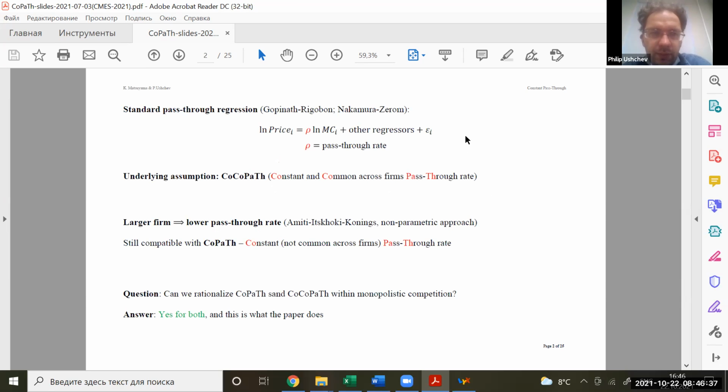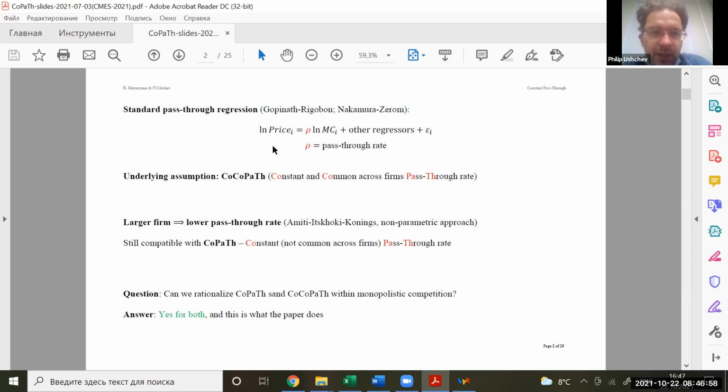So in brief, the motivation for this paper is as follows. You have probably seen at least once what they call the standard pass-through regression, a term coined perhaps independently by Gopinath and Rigobon and Nakamura and Zerom. The regression is very simple.